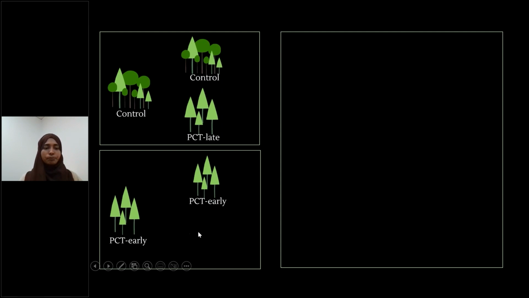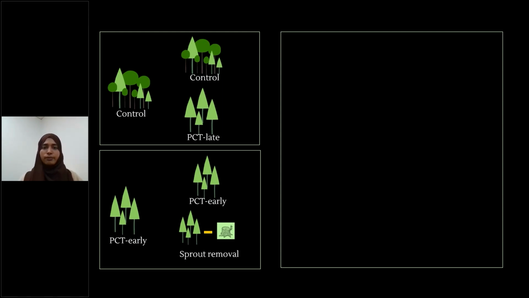And there are also some studies showing that these stem sprouts affect the production or growth of the main stems. So in one treatment, like half of the PCT total, we removed the stem sprouts.